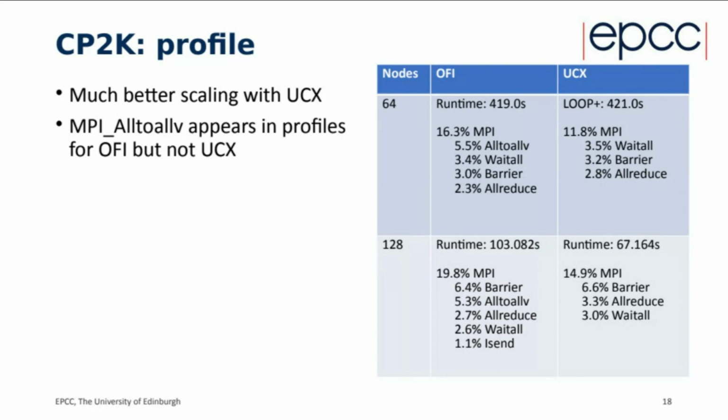One of the things you'll see in this presentation is this strangeness around particularly MPI all 12V, and we'll see it later for VASP as well. For some benchmarks, particularly the CASTEP one, the performance looks fine, and for other benchmarks, the OFI performance in particular does not look fine in the same way. So it can be quite difficult to give coherent advice to users on what to do to get best performance.